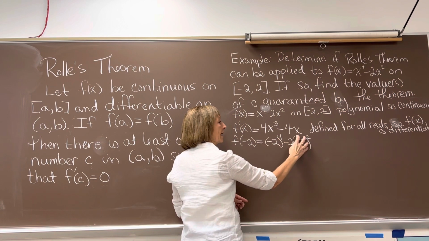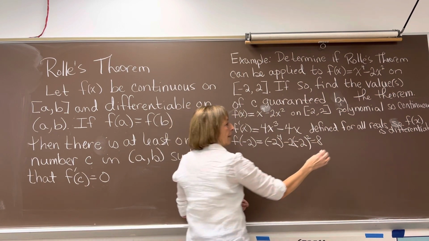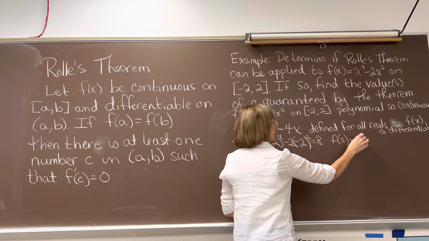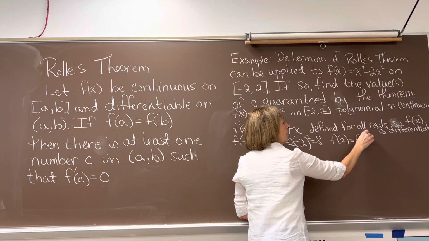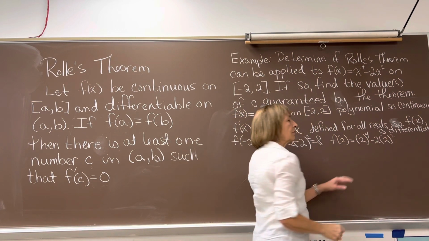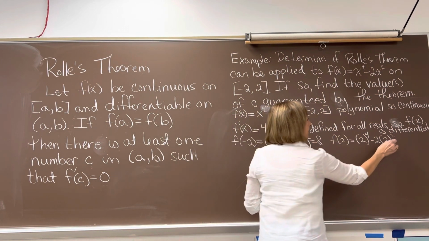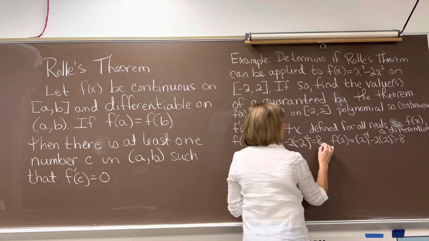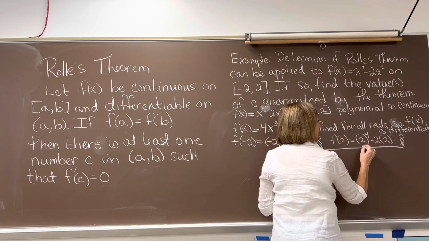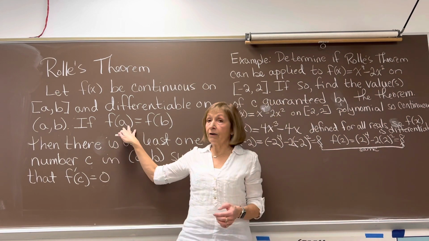So 16 subtract 8 is going to give us 8. f of 2, the right endpoint, is 2 to the fourth minus 2 times 2 squared. So that gives me 16 minus 8 also, which is also 8. So the output at the left endpoint matches the output at the right endpoint. So we verified that part.